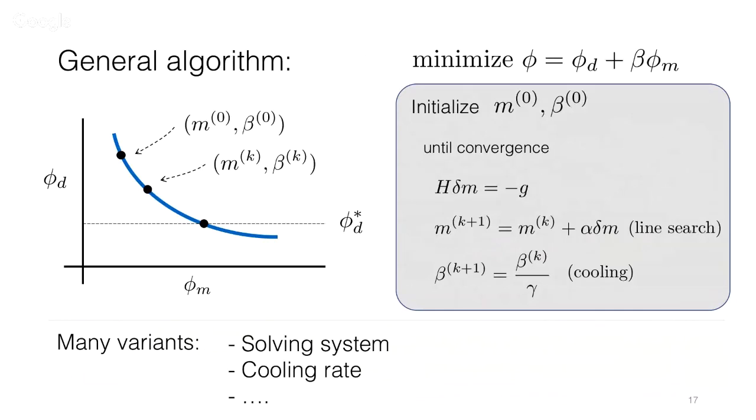Okay, so how's that so far? So far, so good. How's that going to play out here when we do the inversion? We still want to regularize, but we're going to have to initialize. So m naught is the start model, and we'll start with a starting value of beta.